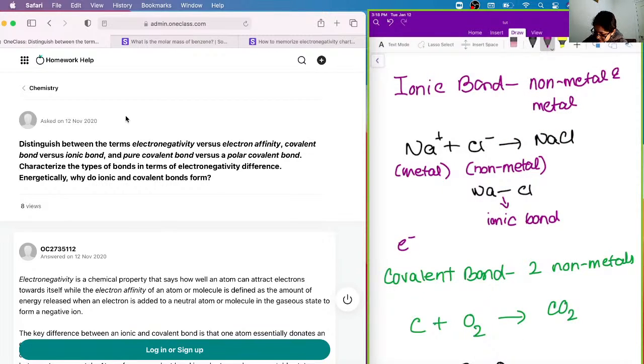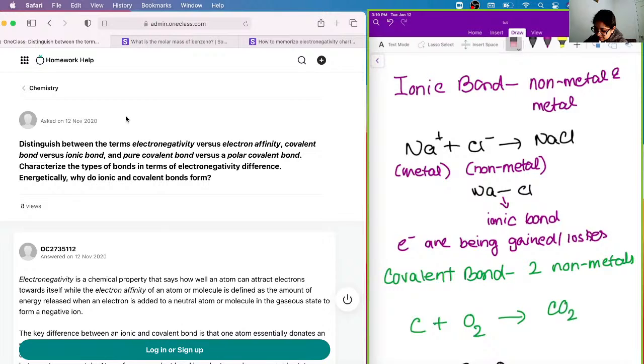the electrons in this case are being gained or lost, right? So for example, from our NaCl example, our sodium over here has a positive charge.